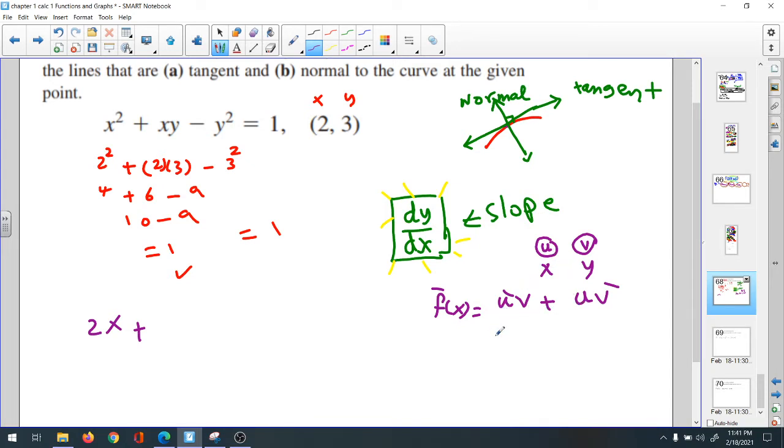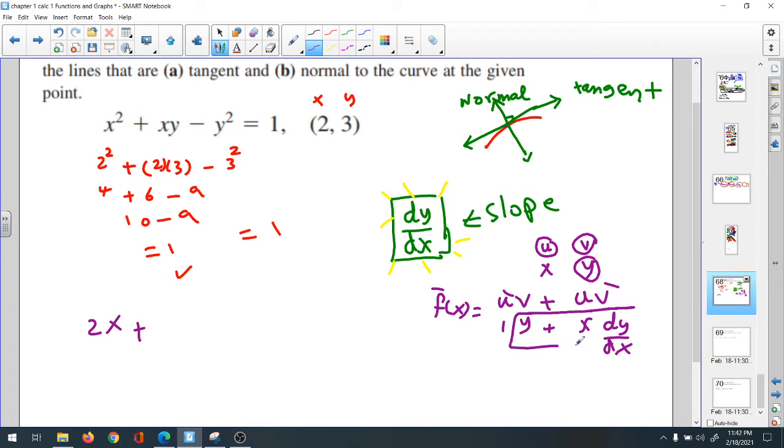The derivative of x, which is 1, times v, which is y, so 1y, which is y, plus u, which is x, times the derivative of v, which is the derivative of y, 1 times dy over dx. That's implicit: dy over dx.